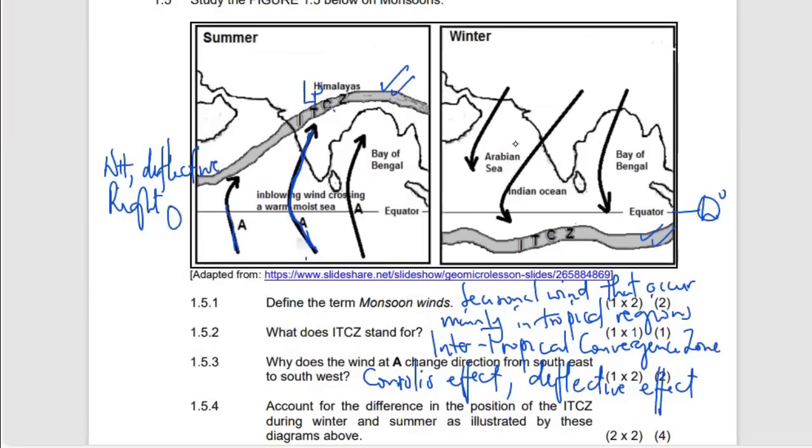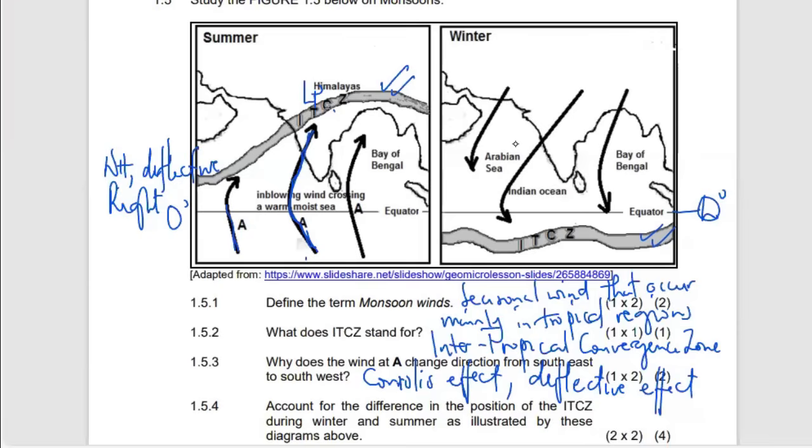The ITCZ, the intertropical convergence zone, lies directly at a perpendicular angle with the sun's overhead position, which means it's an area of low pressure which is created by the intensive heating caused by the sun's overhead direct position with the ground surface.